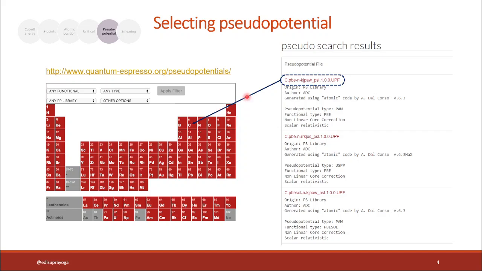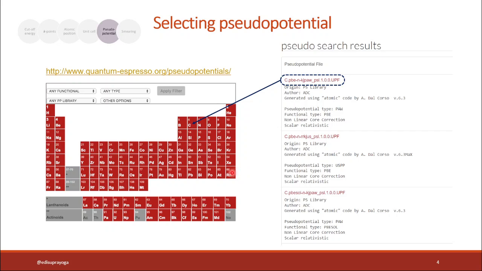Using a different type of pseudopotential results in different energy values, which do not have any meaning. It is recommended to compare properties such as lattice constant, energy band gap, etc. with experiment for the observed material.